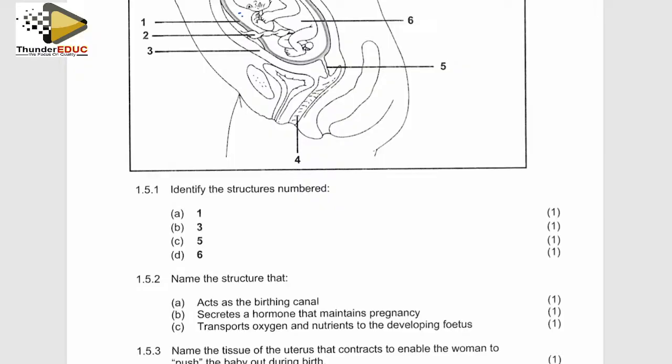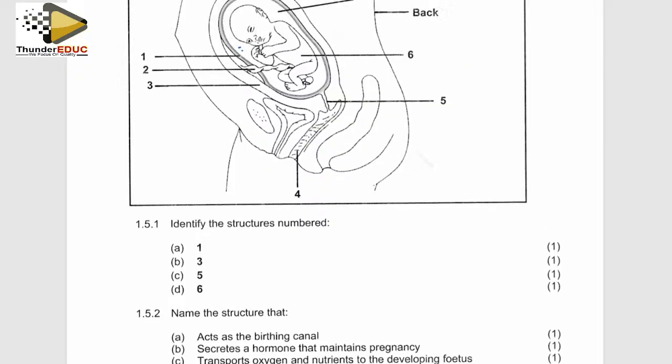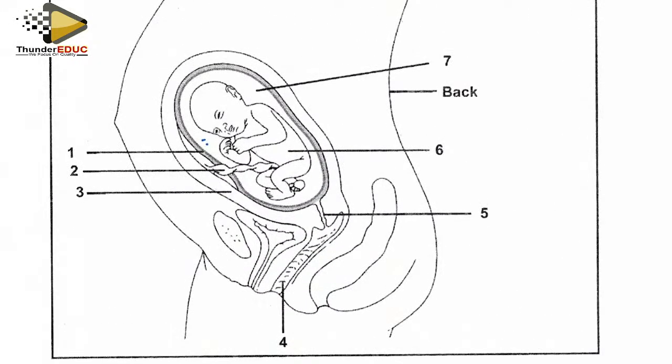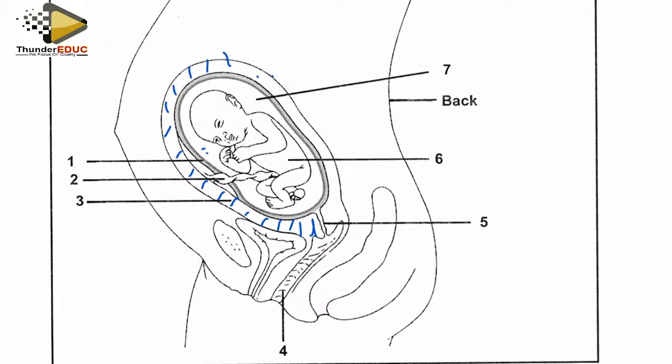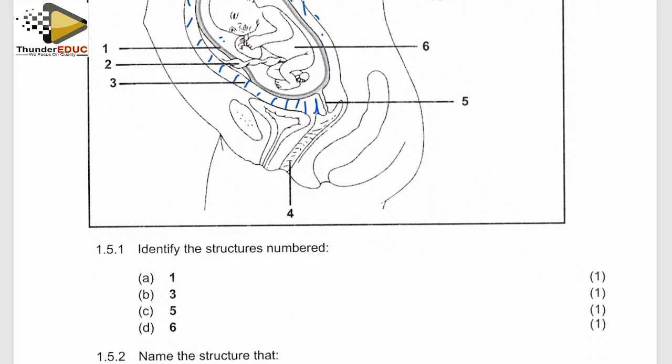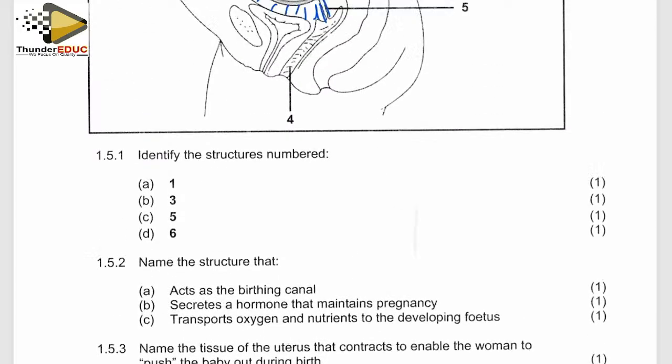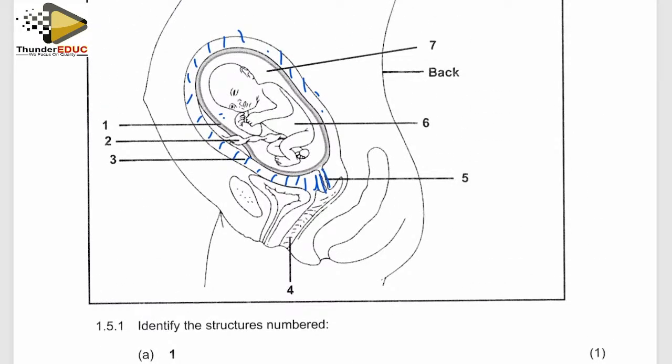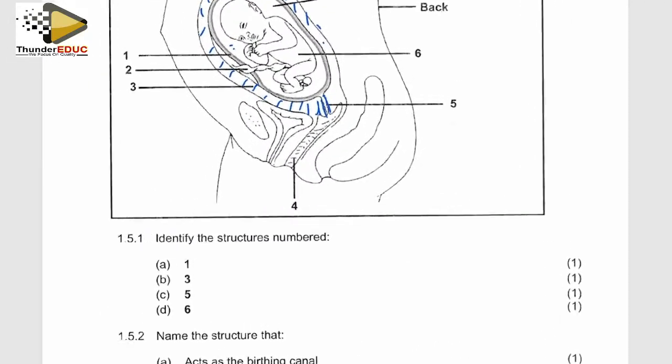Then you're saying that number three, if you look at it, let me zoom it out. If you look at it, it shows that all this is part of the mother. You see, it is part of the what? It is part of the mother. Therefore, I'll call it the uterus. And then five, it is an obvious thing. It is the vagina. And then they're saying that six, how do you see this?